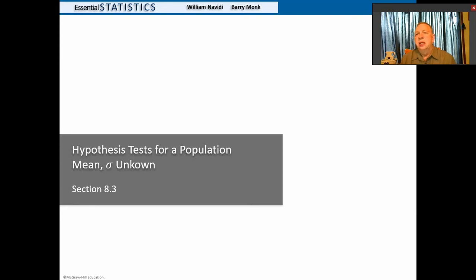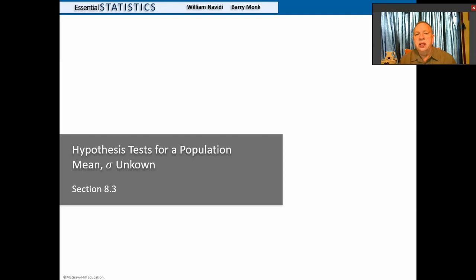Sigma is the population standard deviation. So we knew something about the population prior. In order to calculate the standard deviation, we probably had to know what the population mean was. But now it's shifted.